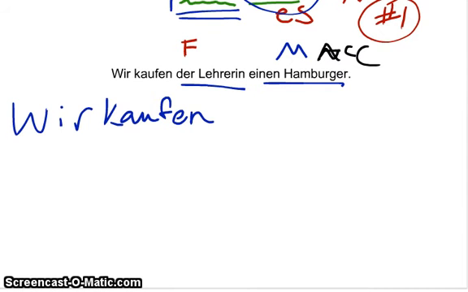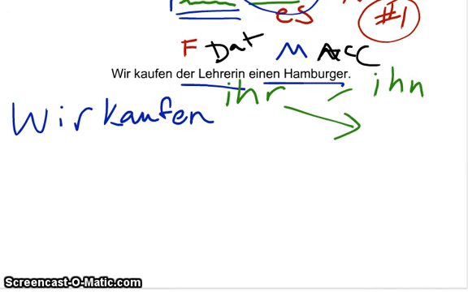And then we buy the hamburger to whom or for whom? The teacher. So this is the dative case. Now we need to use our brains and our charts. We buy it. Accusative masculine for pronouns is ihn. And then we have dative feminine, which is ihr.